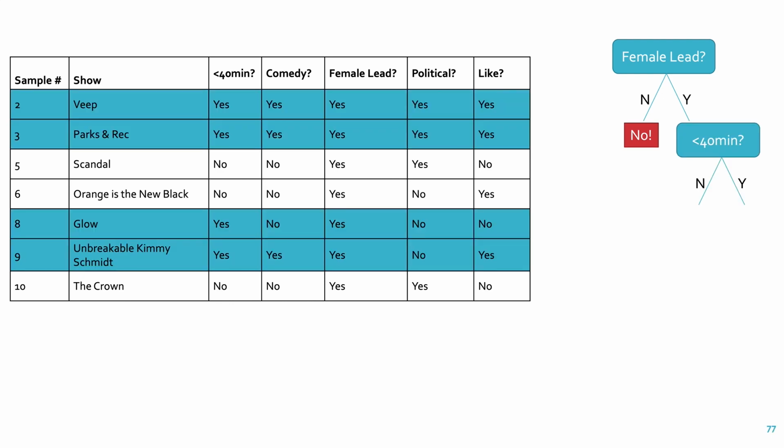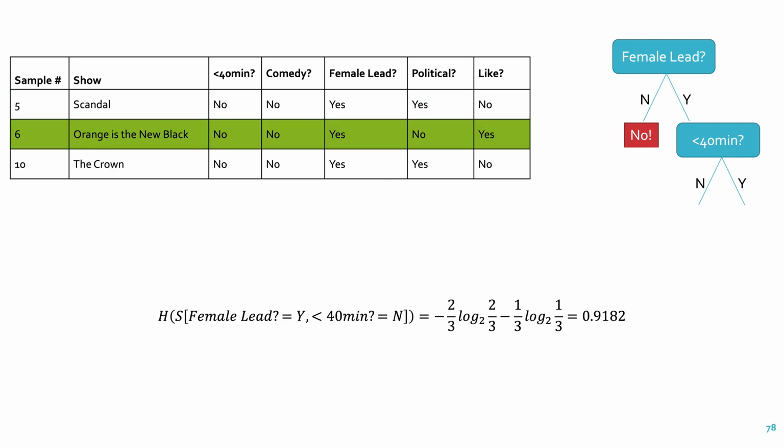So we have to cycle through the features again. Let's start with less than 40 minutes. The samples that are blue have a yes value for less than 40 minutes. If less than 40 minutes equals no, we have 1 sample that has a label of yes and 2 samples that have a label of no. The entropy here is going to be 0.91. The notation is starting to change a little bit.